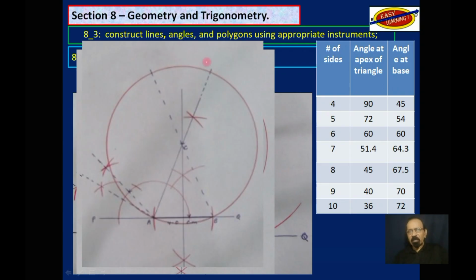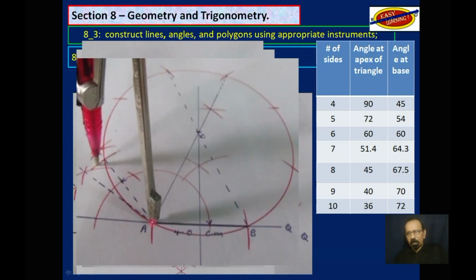So since this is an 8-sided figure, we already know that that will be one of the sides. So we take this measurement, 4 centimeters, we mark off here, there, and there. Note where it falls. We come from this end, mark off here, here, and there. Note where it falls.